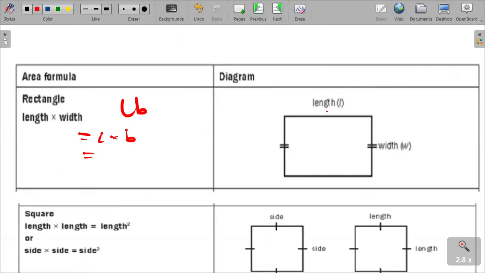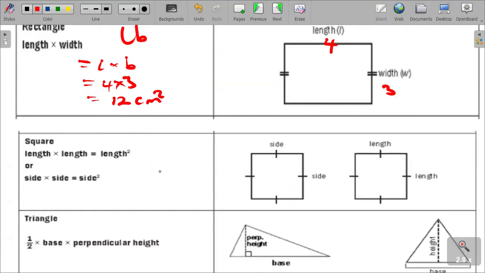Here it is 4 and there it is 3. We say opposite sides of a rectangle are equal. So 4 times 3 gives us 12 square centimeters, if we are to calculate the area of a rectangle.